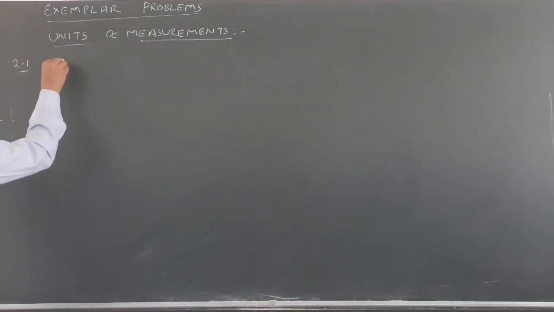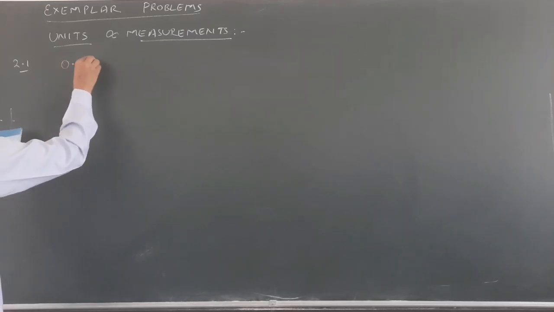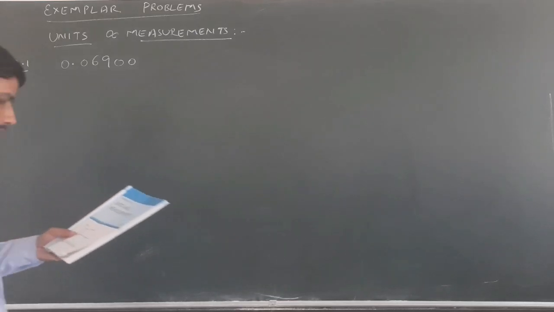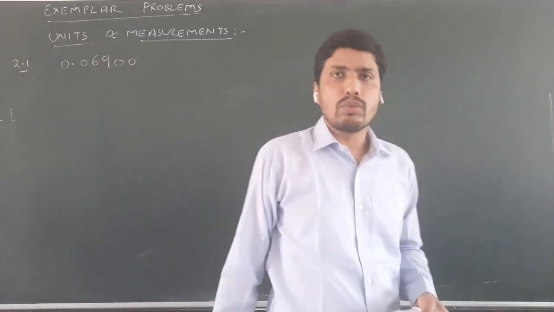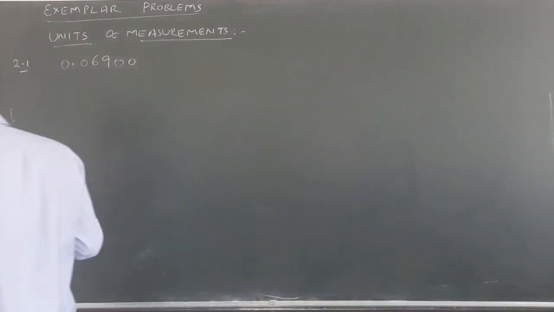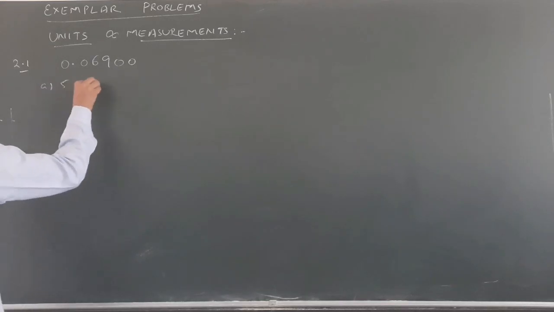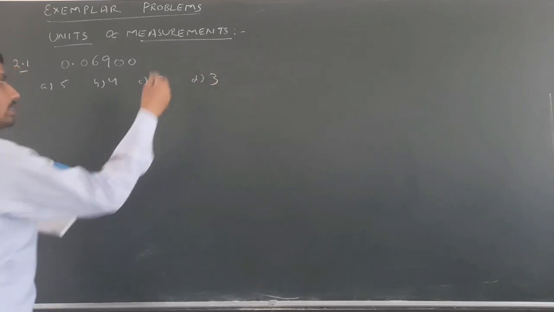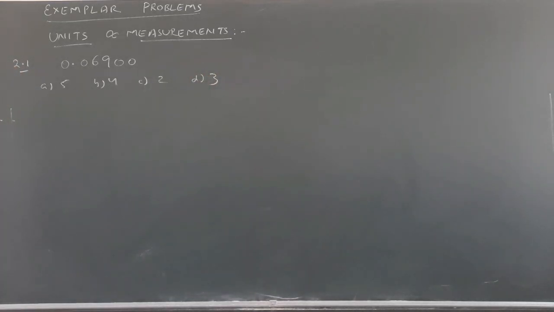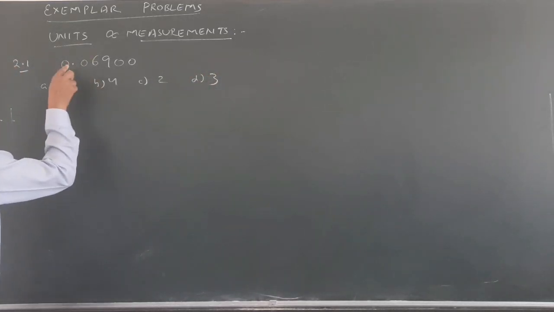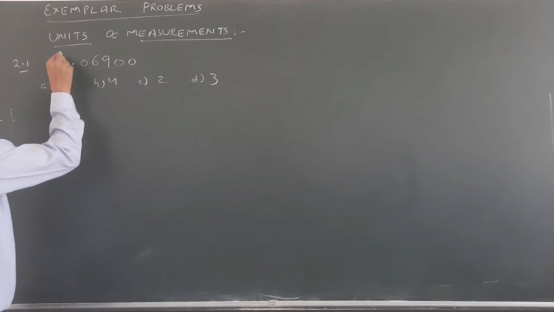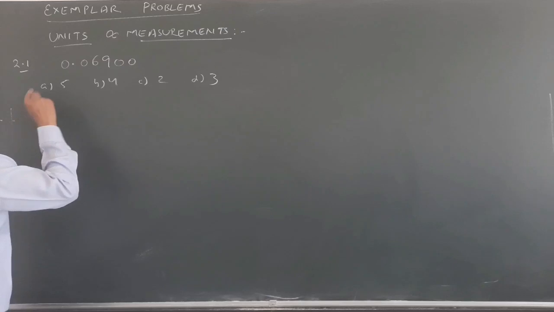Here there is a number given, 0.06900, and you have to identify the number of significant figures, and four options are given. Option A 5, option B 4, option C 2, and option D 3. Now we know, students, the zero conventionally put before the decimal is not significant in a number less than 1.